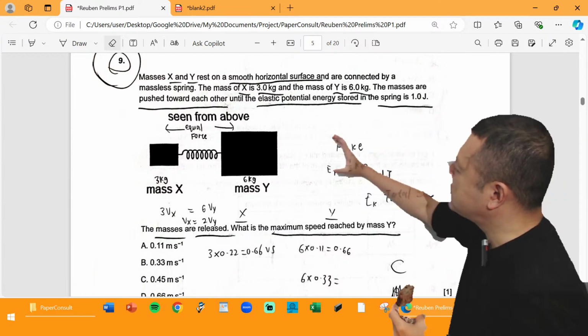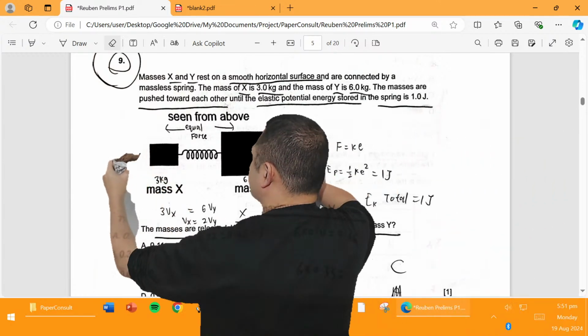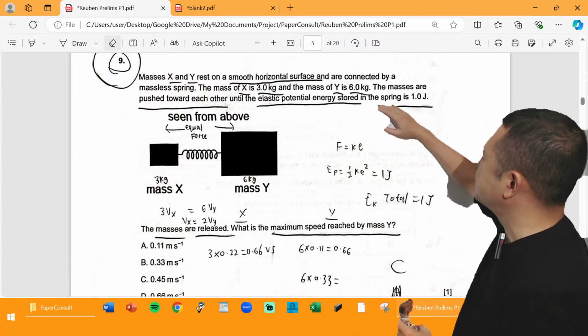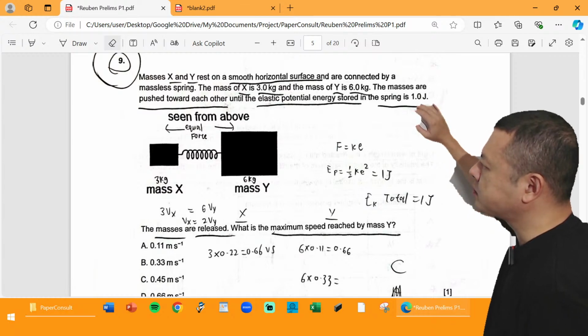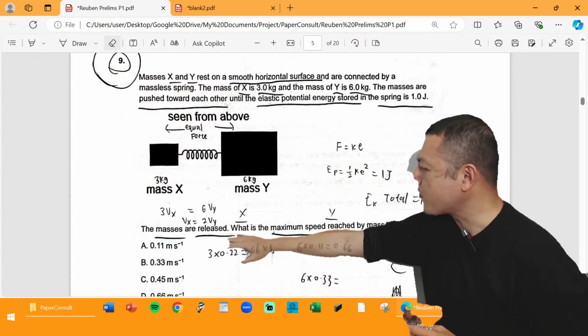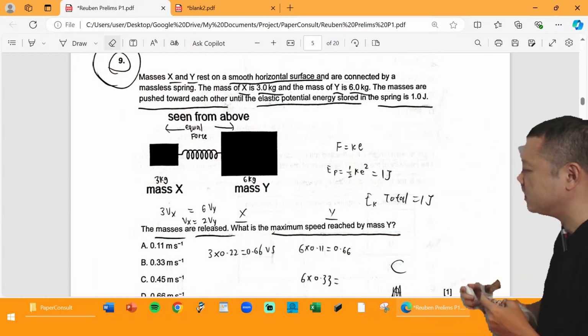So what happens is this, right? You're squishing it until the elastic potential energy stored is 1 joule. Okay, 1 joule. Then I ask you, masses are released. What's the maximum speed reached by mass Y?